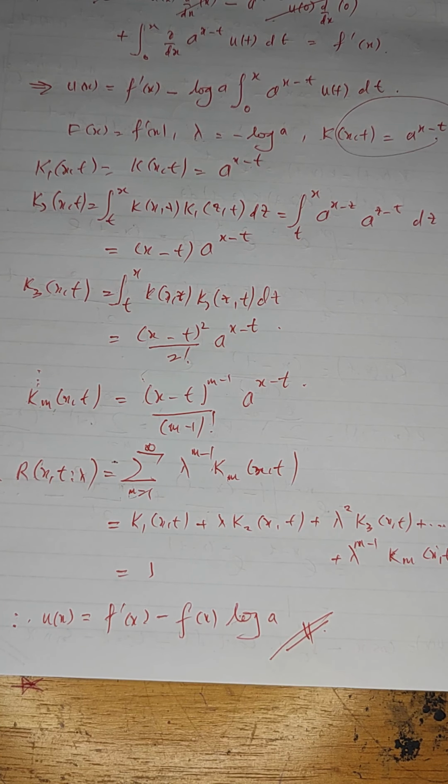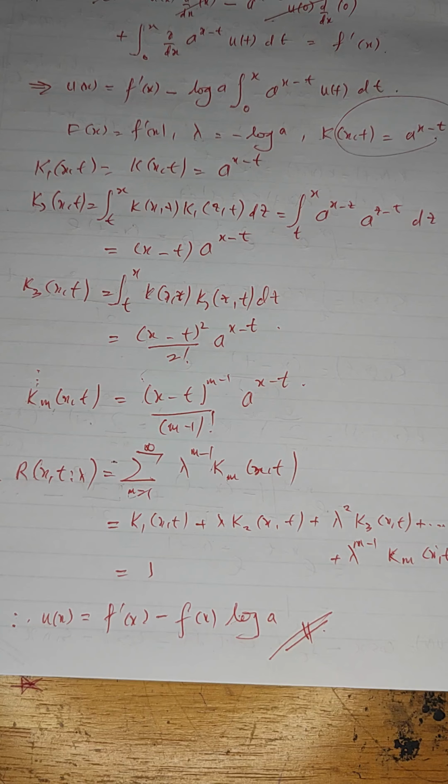Once we obtain that, you can solve this either by reducing to a differential equation and finding the solution as normal, or you can use the iterated kernel, write in terms of the resolvent kernel, then find the solution, or you can use the approximate solution as well. Those are the methods we have learned in solving the non-homogeneous Volterra integral equation of the second kind.